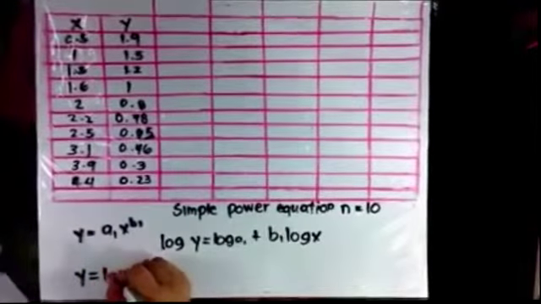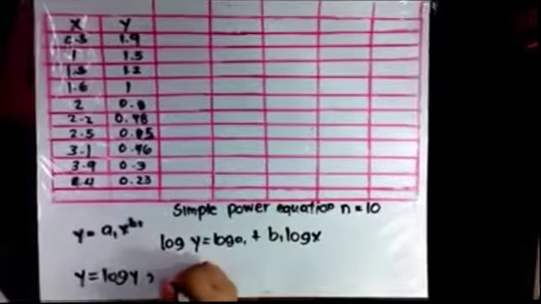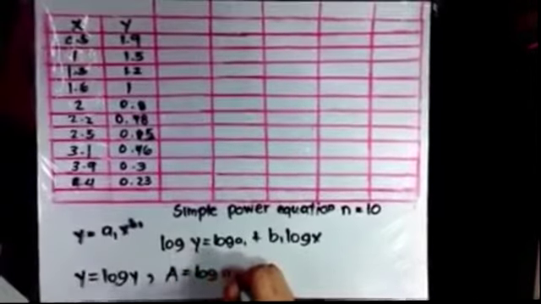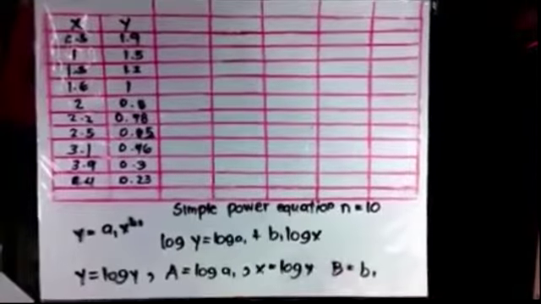For the value of y, we have y equals log y. Then a equals log a sub 1. Then x equals log x. Then b equals b sub 1.